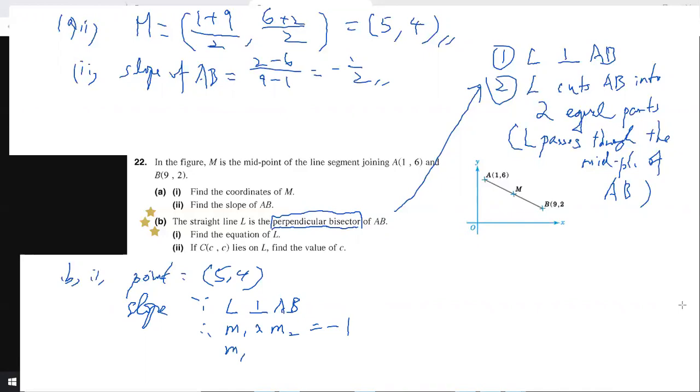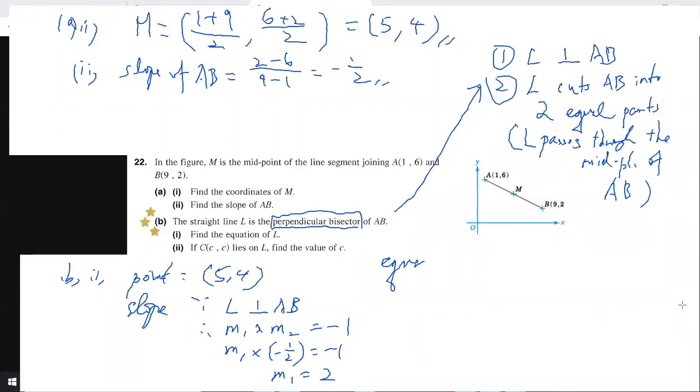M1 is the slope of L, and then M2 is the slope of AB. But we have already found the slope of AB to be -1/2. Then we can use this equation to calculate the slope of L. So that is M1 should be equal to 2. Okay? So we have found the slope, we have found the point. Then we can write down the equation of L.